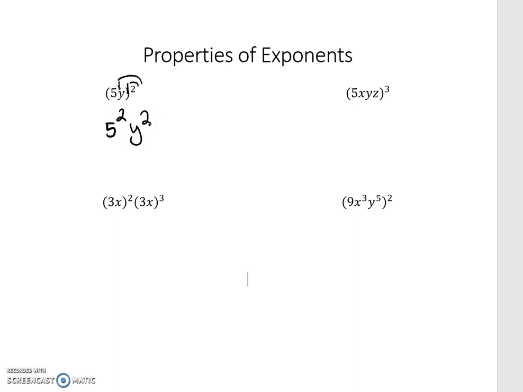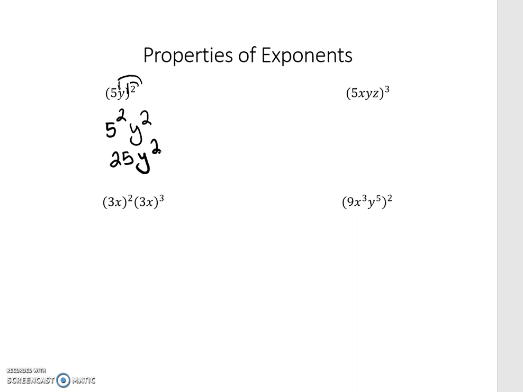Now, I'm going to go ahead and fully simplify this without leaving the base with the number as an exponent. Instead, I'm going to expand and multiply that. So I get 25, because 5 squared is 5 times 5, so 25y squared.